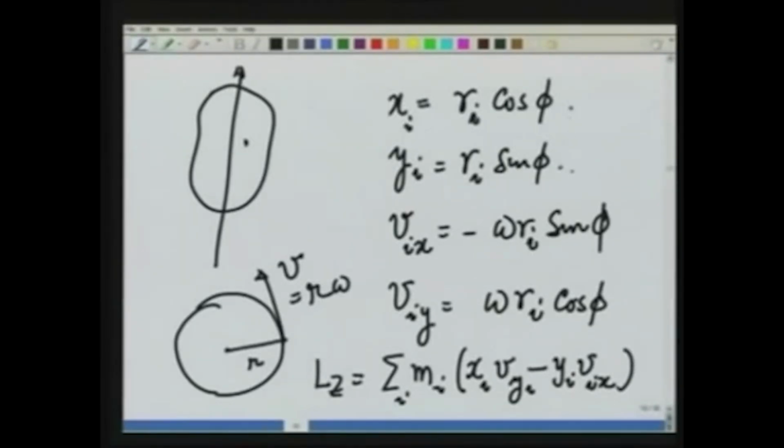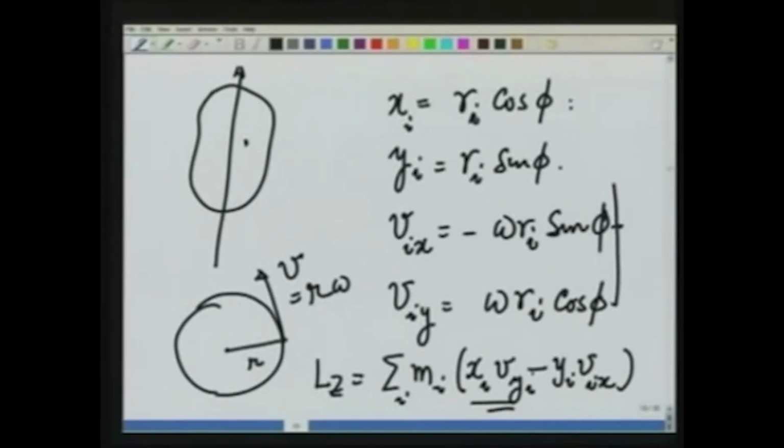Substitute all these quantities in. This is going to give you r_i square cosine square phi, and this term is going to give you r_i square sine square phi with a minus sign.